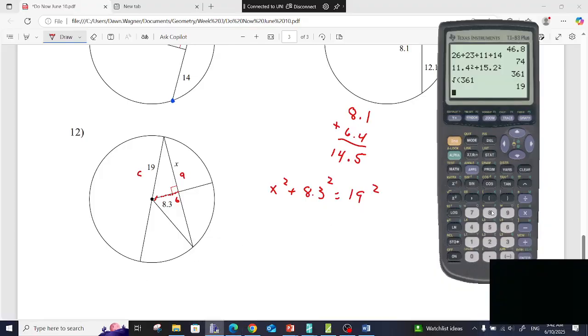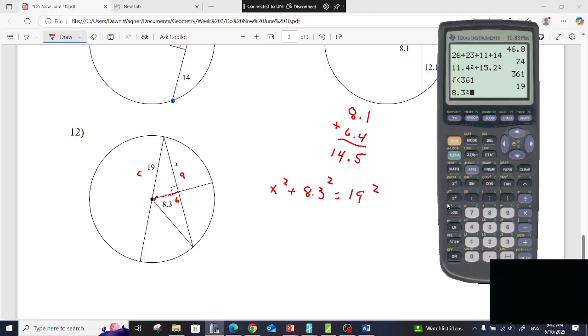How do you know when to use it then? Pythagorean theorem. When you have a right triangle and you have two sides and you're trying to find a missing side length. So I had two sides. I had 8.3 and I had 19. I had the hypotenuse and a leg. But I also know it's a right angle because it had the little box. And it's a triangle.